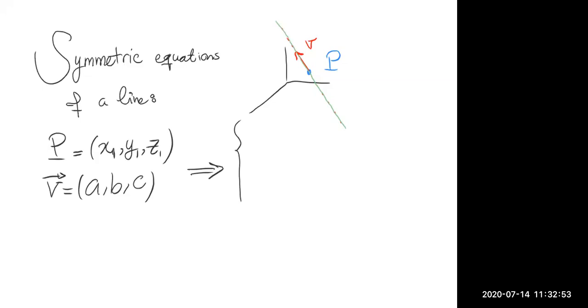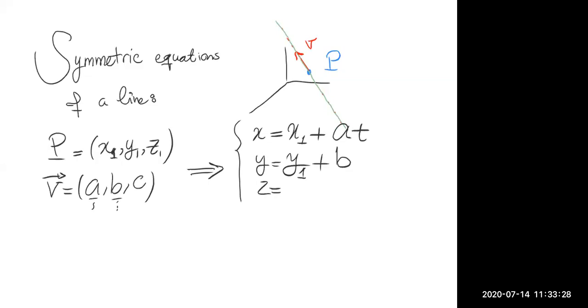I just constantly change notation, so you wouldn't get used to a fixed notation. The notations do not matter. So the equation of a line would be: x is equal to x1 plus T times the first component of V, which is a, so aT. y would be equal to the second component of P, which is y1, plus the second component of V times T, which is bT.